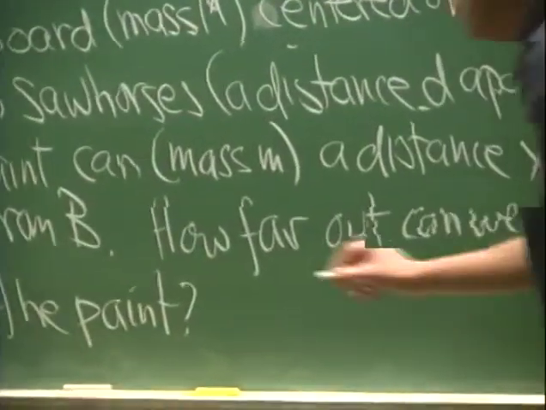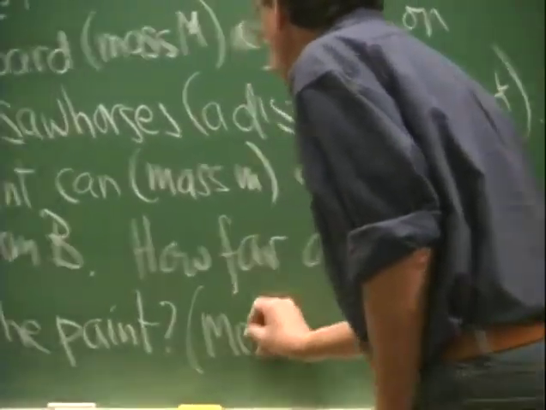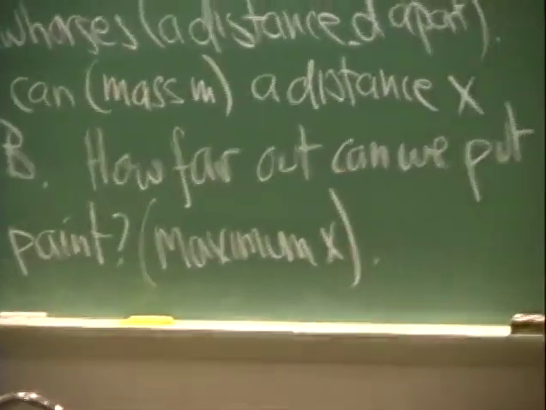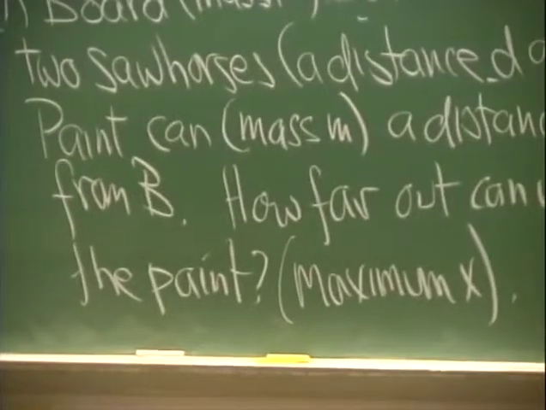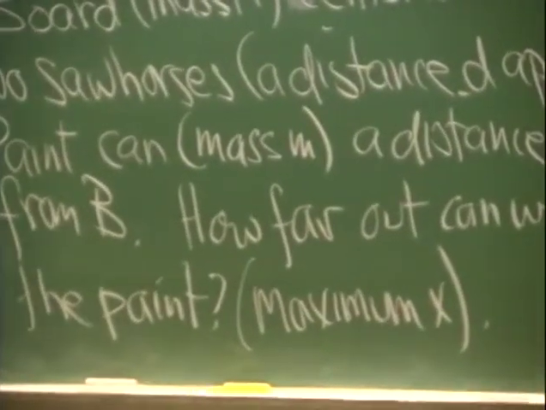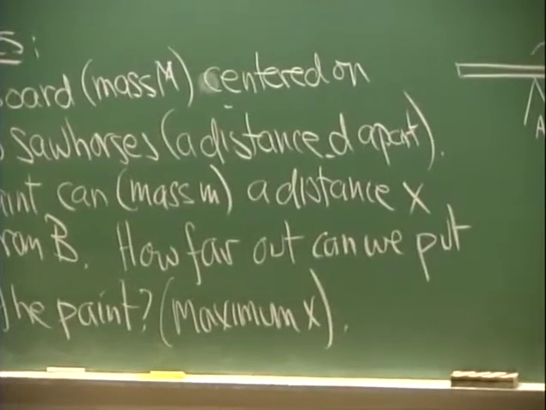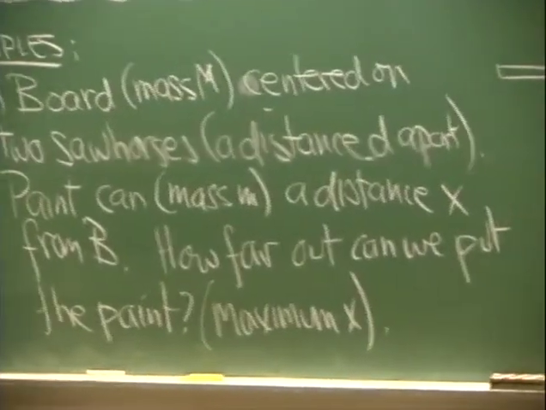That is, what's the maximum value of X before the thing tips over? As I do the calculation, I'm going to be moving this thing out here, and we'll see who wins. Me or that.